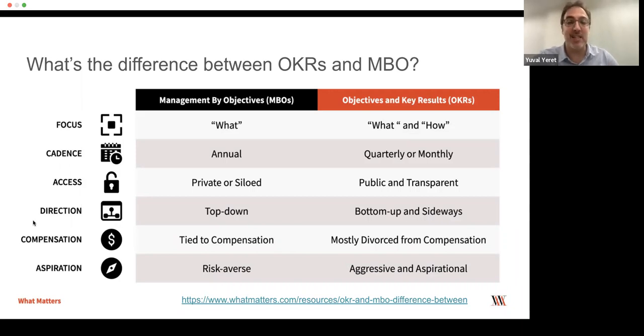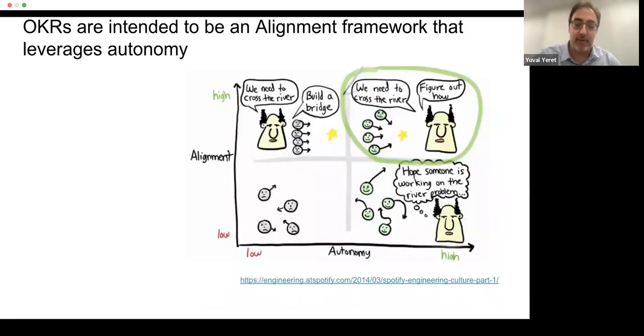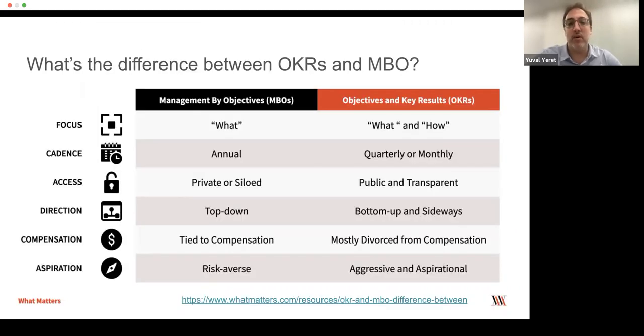OKRs were actually designed to address some of that. They were a bit more agile through the fact that the cadence around OKRs was quarterly or even monthly. They were more transparent, shared across the organization. And the intent is for them to be bottom up and sideways, influenced by the organizational OKRs, but set by each group setting their own OKRs.